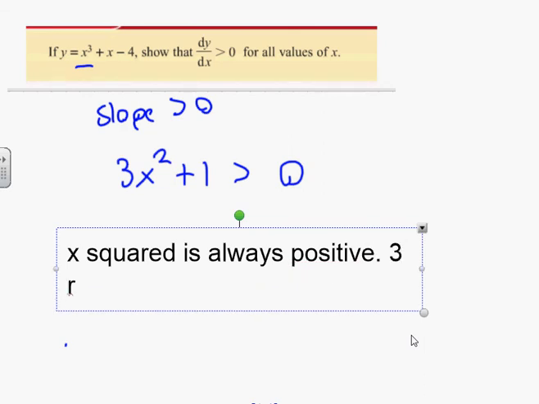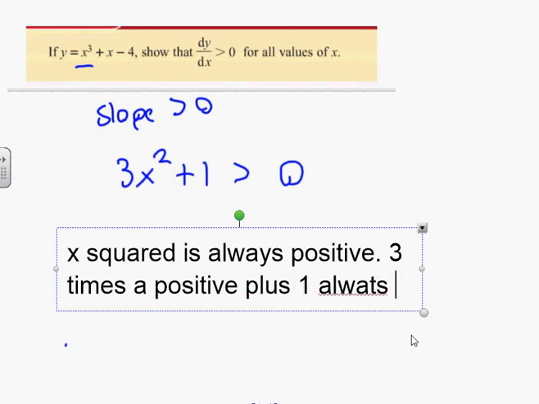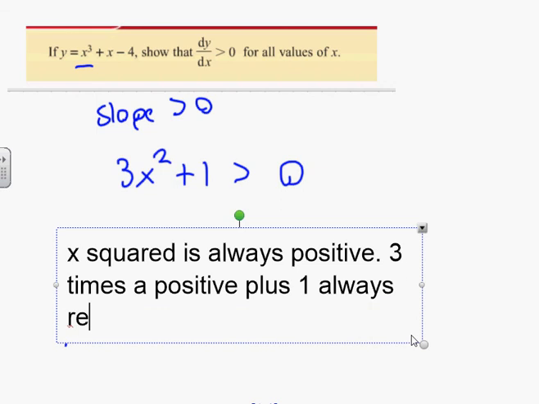Why am I saying 3 times? Can anybody tell me? 3 times a positive number. So you can say 3 times a positive number plus 1 always results in a positive number.